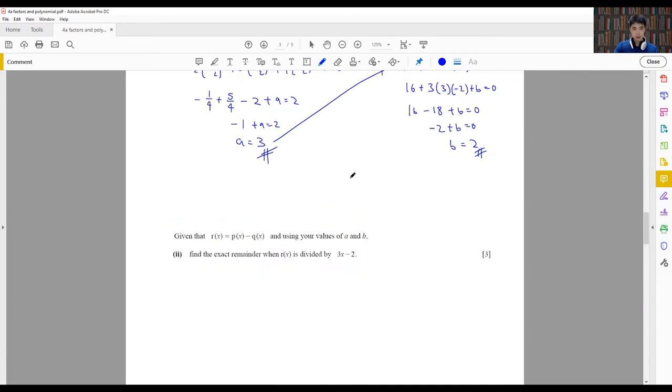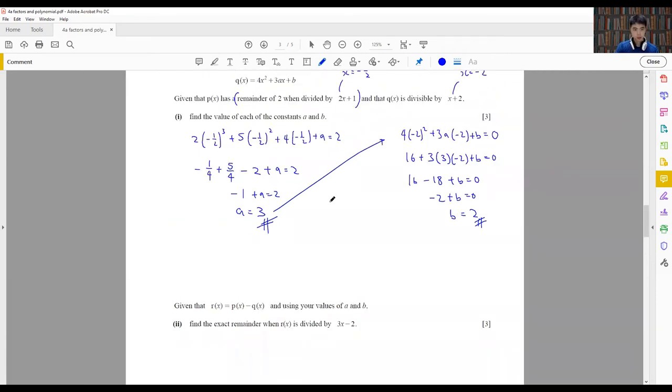In this next part, it's related to the first question. Given that r(x) is equal to p(x) minus q(x), using your values of a and b, find the exact remainder of r(x) when r(x) is divided by 3x minus 2.